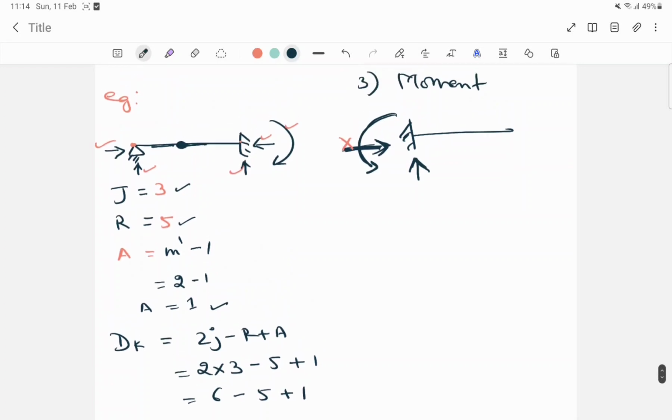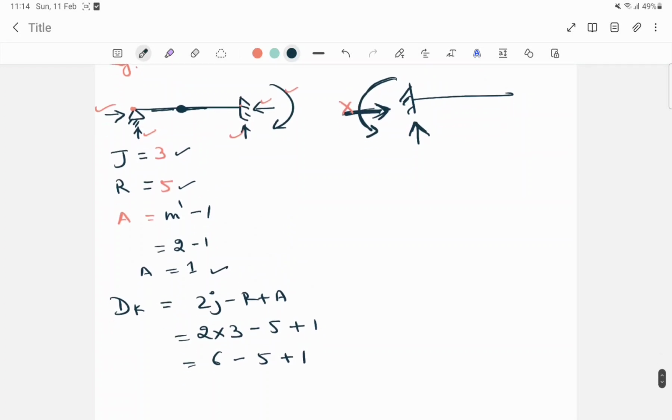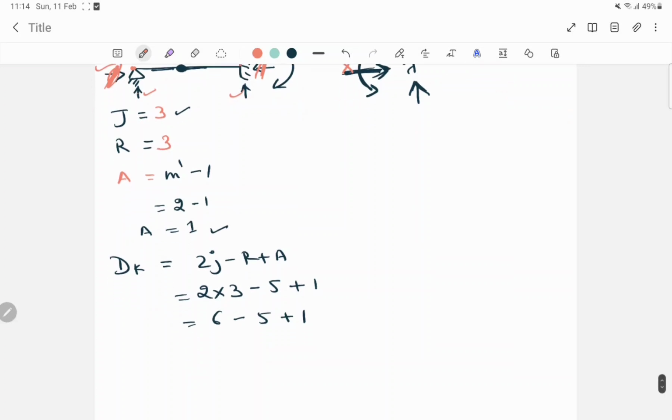Here, for the unknown reactions, we have to neglect the axial deformation, right? If we neglect this axial deformation, we have to assume that this force is not present here. This force is not present here. Then the remaining will be 1, 2 and 3. So in this case the number of unknowns is 3, and here also we have to put 3.